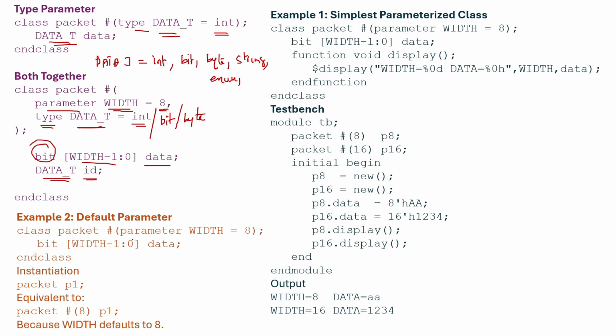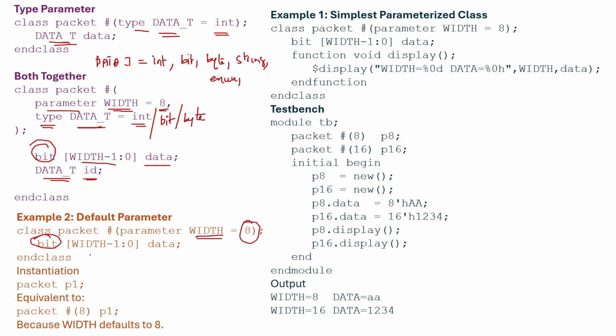What are the default parameters we are using? Bit is the default type, and width is the default 8-bit we are utilizing. So bit is 8-bit because the width mentioned here is 8.